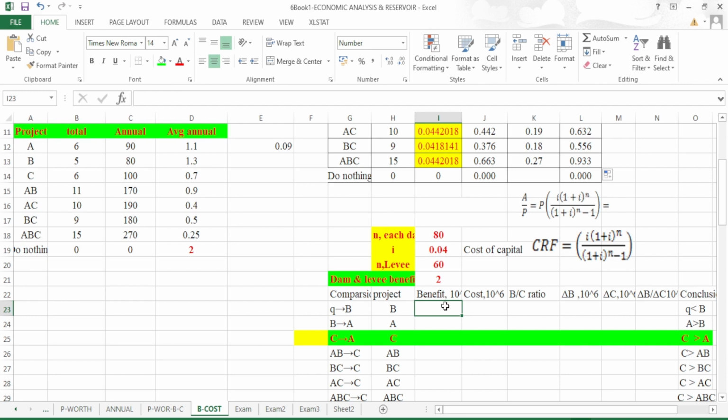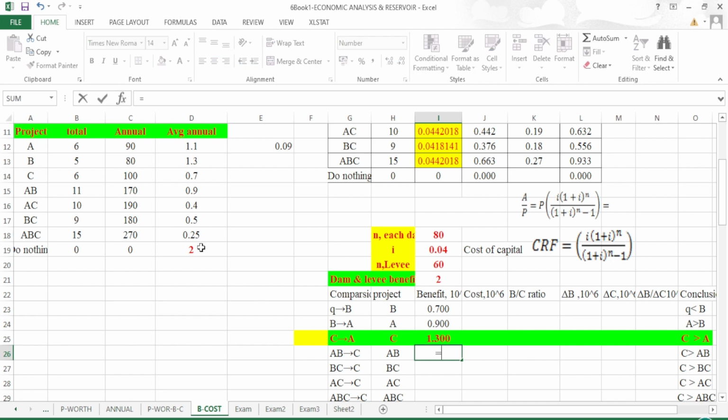So 2 minus 1.3 is 0.7. 0.7 is the benefit of project B. To estimate the benefit of project A, we subtract 1.1 from 2: 2 minus 1.1 is 0.9. For project C, 2 minus 0.7 is 1.3.